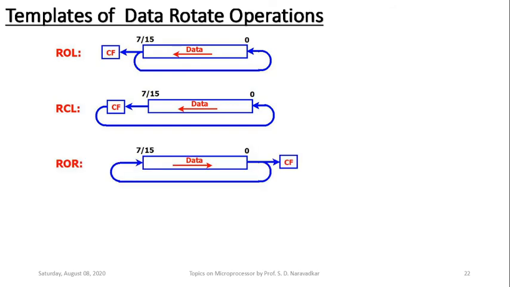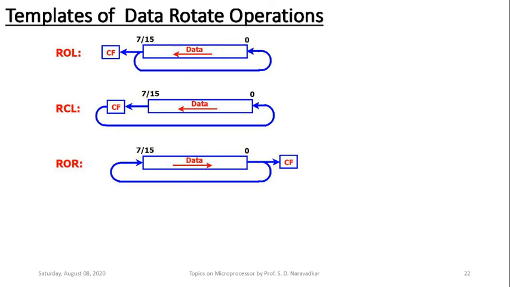Then the next template here is ROR. Now this ROR stands for rotate right. It is just like the first template earlier, only the direction of rotation is opposite, rotate right.